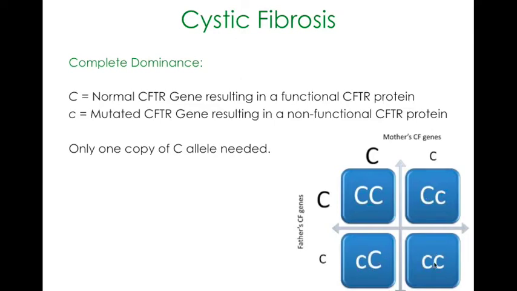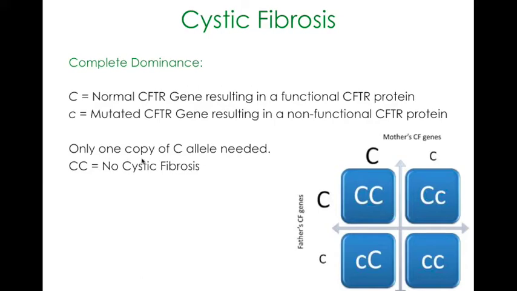Now, what that means is the possible outcomes of the kids is 1 in 4: capital C, capital C; capital C, lowercase c; lowercase c, capital C; and lowercase c, lowercase c. Of the 4 possible outcomes, only 1 will result in cystic fibrosis.